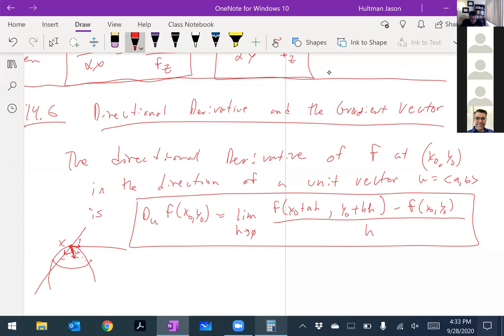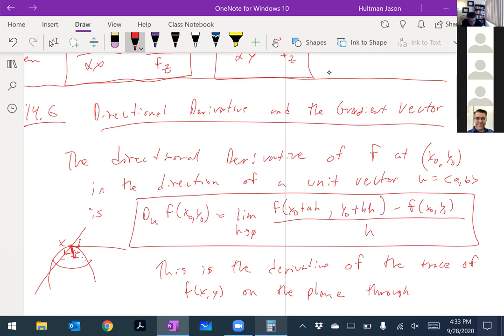So this is the derivative of the trace of f of xy on the plane through x naught, y naught, 0.